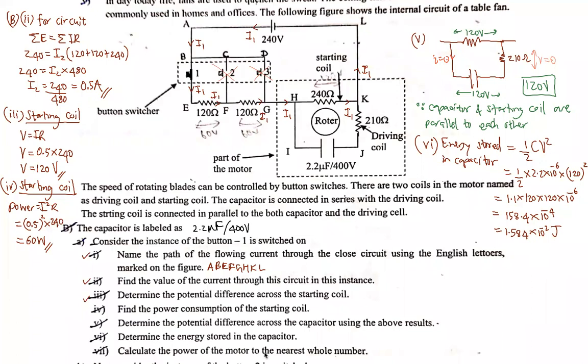Calculate the power of the motor to the nearest whole number. Power of the motor, didn't we find that? Nearest whole number. Power of the motor. We know the energy. How do we find the power?